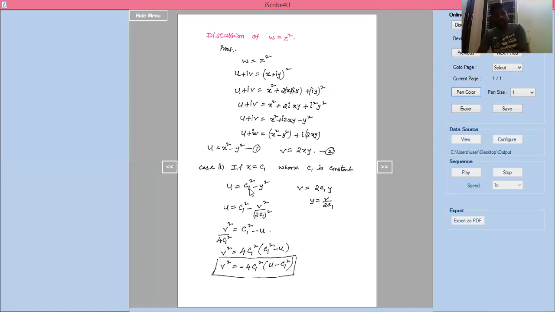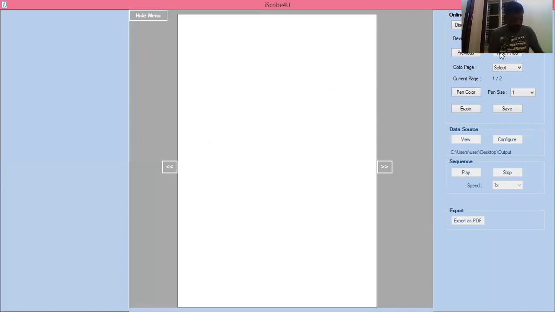So what does it represent? It is in the form Y square equal to minus 4aX, but the center and origin are different.